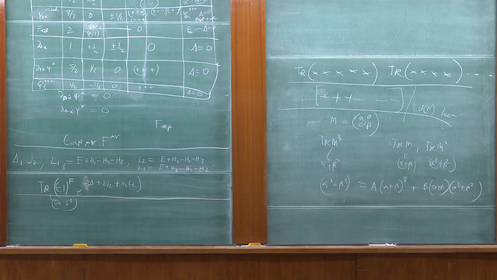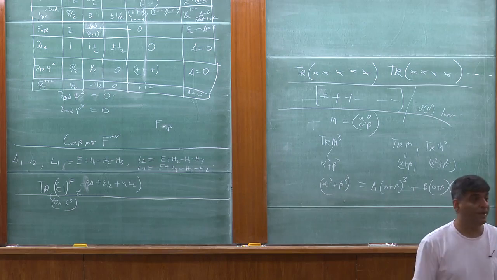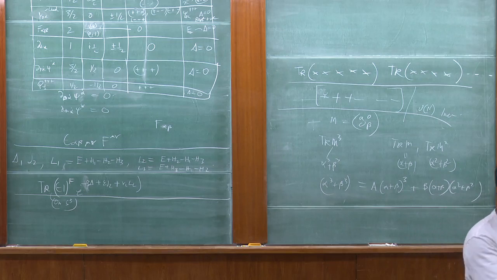This is an old and easy-to-prove theorem of mathematics. Already this makes the point that if we want to count states by counting multi-traces, then we better stop at trace M to the power n, where this is an n cross n matrix.